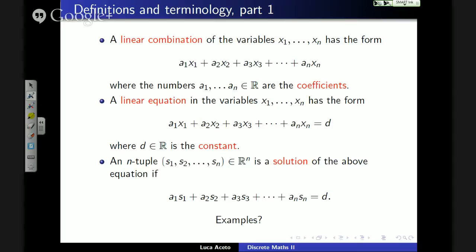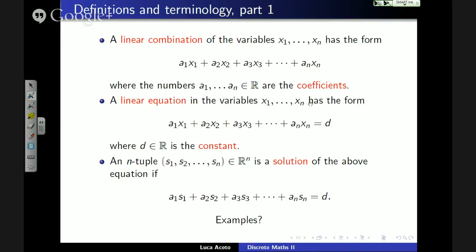So the variables range over real numbers, and the coefficients, the constants A1, A2, A3, the multiplying coefficients, are also real numbers. Now, what is a linear equation in the variables x1, xn?